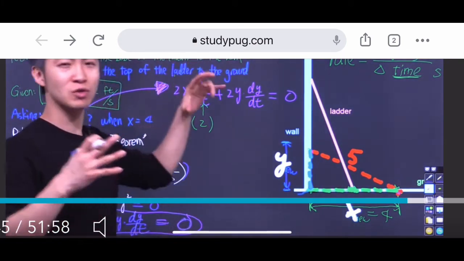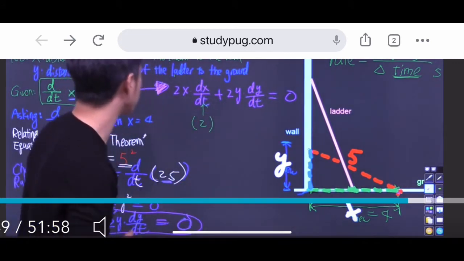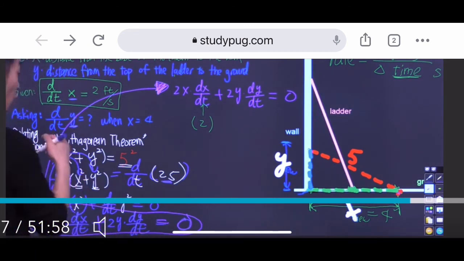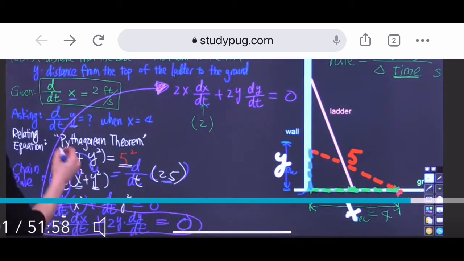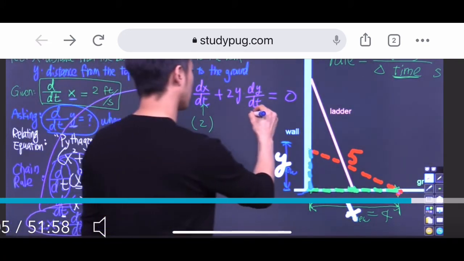We just have to substitute all the given information into the differential equation. And what else is given? Right here. So what are we trying to find? We are trying to find dy dt, right? So this guy we don't know.